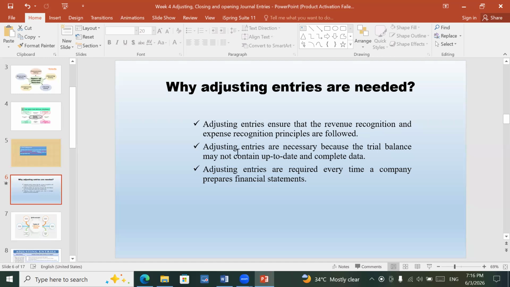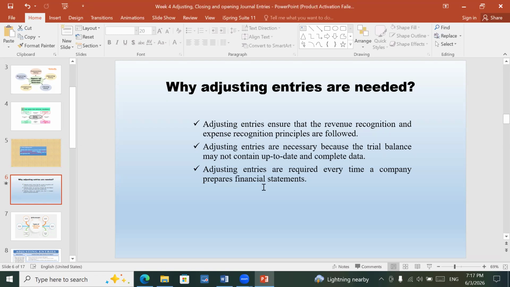The second point needed for adjusting entries. Adjusting entries are necessary because the trial balance may not contain up-to-date or complete data. Trial balance sometimes is not updated. Trial balance sometimes may have mistakes. So to know the accurate or updated balance, you need to post the adjusting entries.